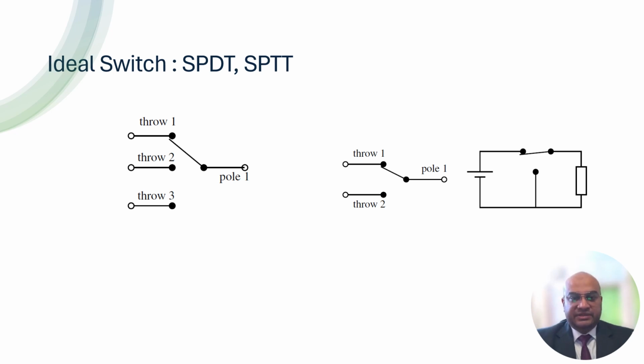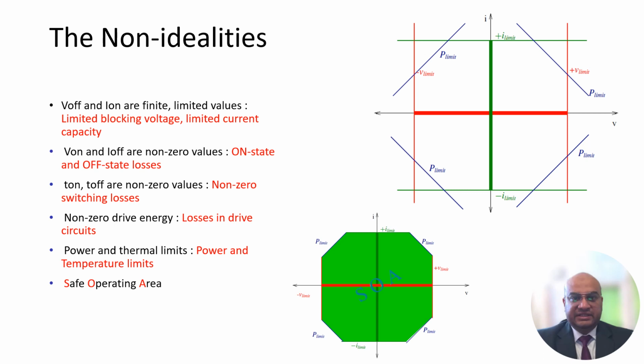Next, you can see a single pole triple throw switch, where the pole is connected to three states, throw 1, throw 2 and throw 3. We will see some examples where such conditions also come into the picture. So these kinds of ideal switches are available, and now let's see the non-idealities of switches.